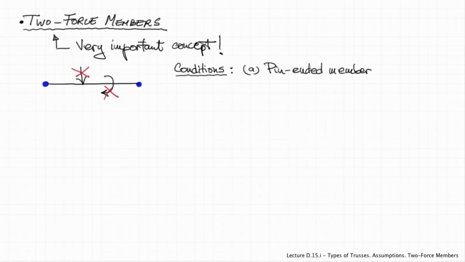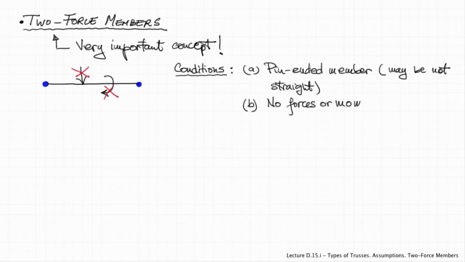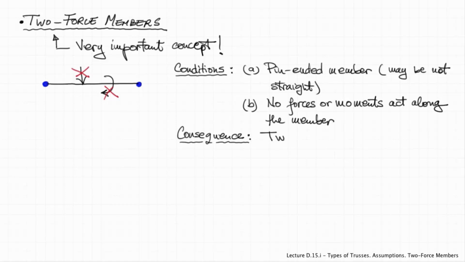However, if the pin-ended member, which for trusses is straight, but in general may not necessarily be straight, has no forces applied along its length, so it can have forces applied at the joints, but nothing along its length, and when I say forces, that includes moments as well, so the member is clean of any applied forces, then this member would be a two-force member.